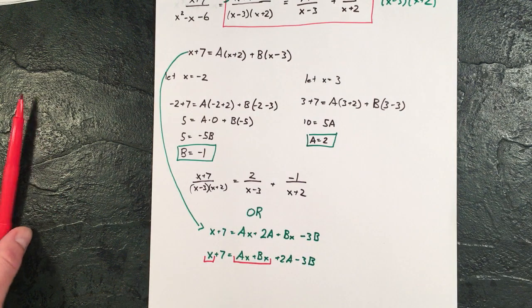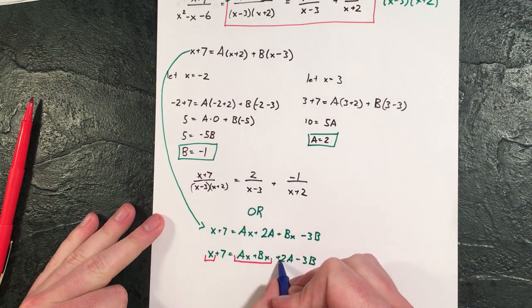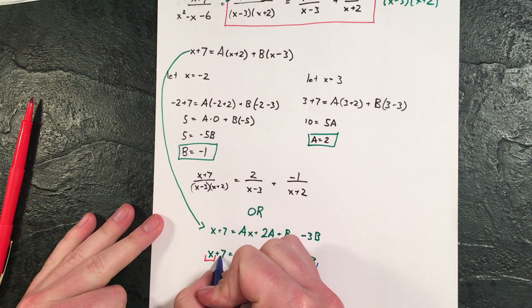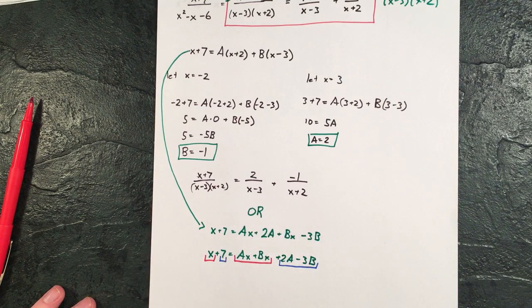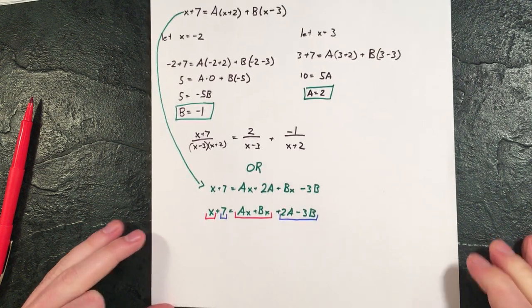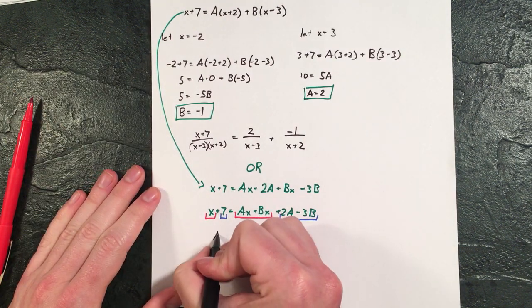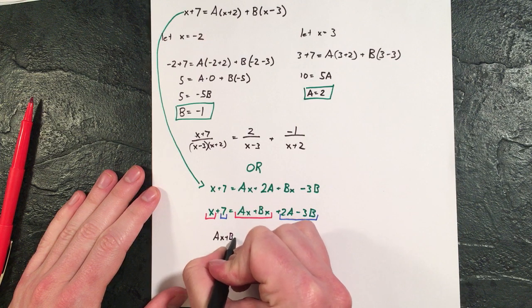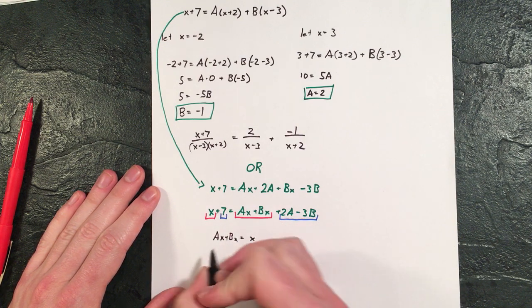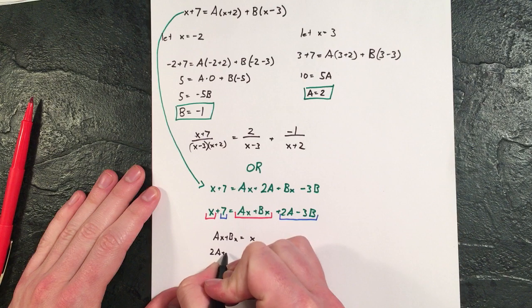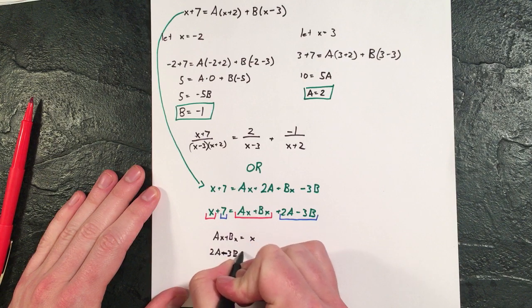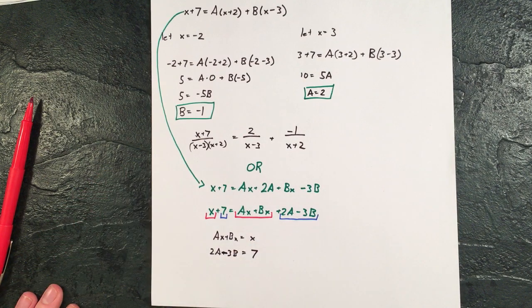Additionally, we have to know that 2a minus 3b has to equal 7. So from here, we could technically set up a system of equations. So ax plus bx has to equal x, and 2a minus 3b has to equal 7.